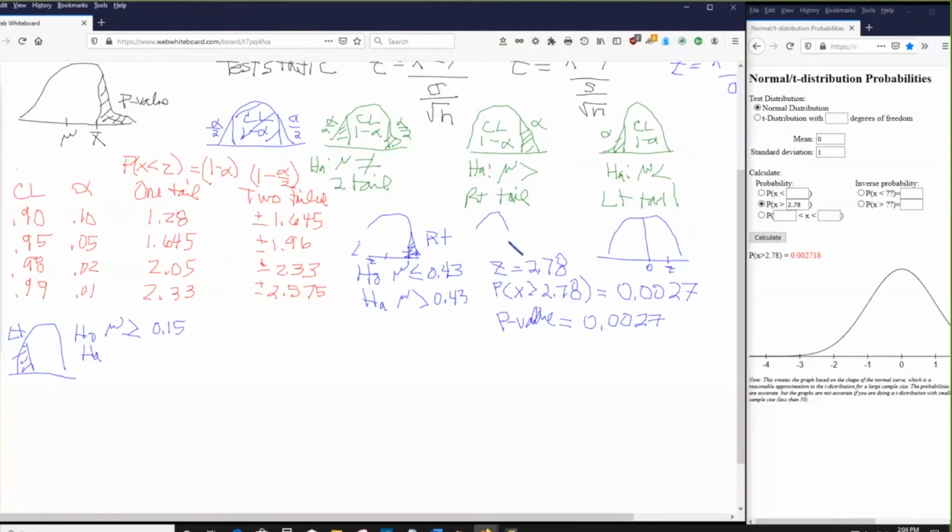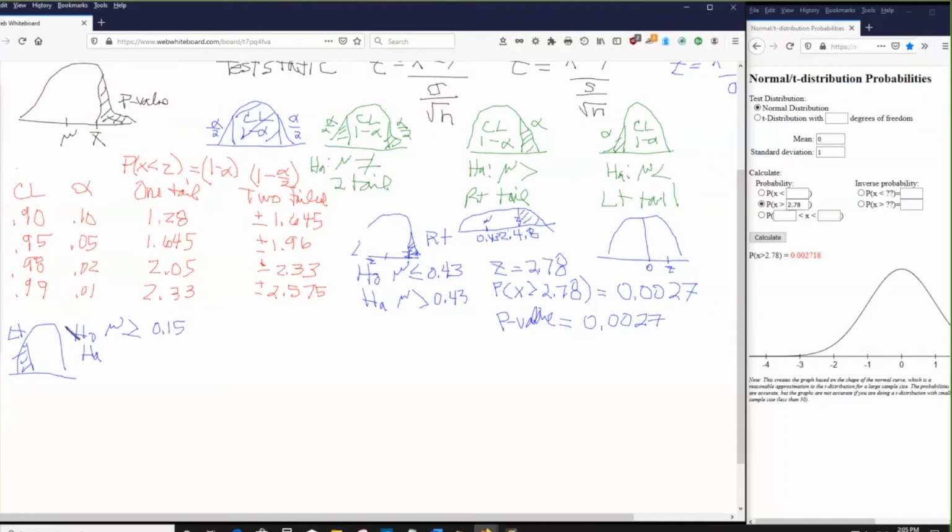Our z for the right one that we just did was 2.48, and what we were given was 0.43. So this is our mean, this is the z that we found, and the p-value is the shaded area.